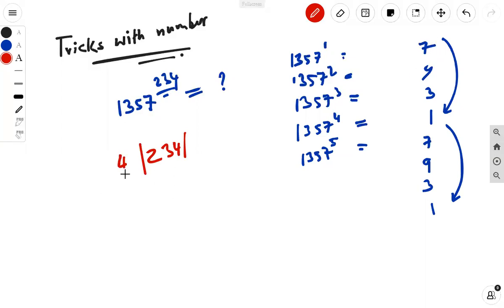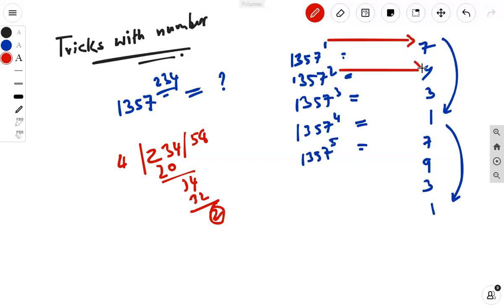So if we divide 234 by 4, we have 4 5s are 20, and this is 34, and 4 8s are 32. It is 2. Hence the remainder is 2. If the remainder is 1, the result will be 7. As the remainder is 2, the result will be 9.